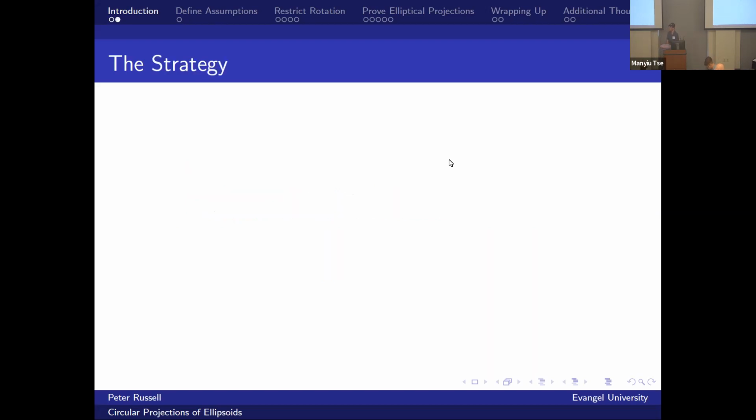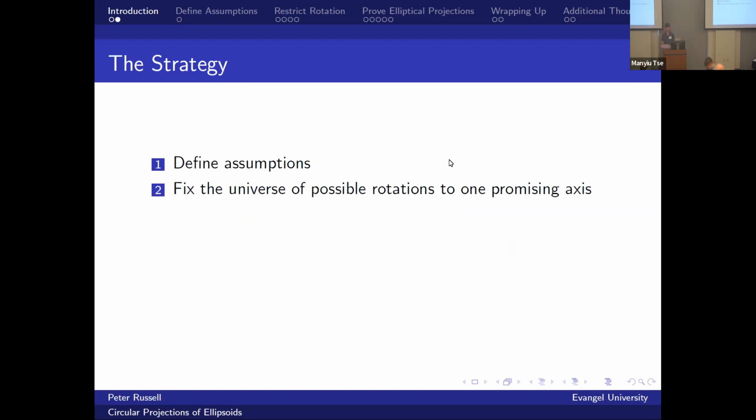As a template of what we're going to be doing, we're going to define some assumptions, because assumptions are always helpful. They're going to help us solve some problems. We're going to decide on a particular rotation to send the ellipsoid through, which gives us our best chance of finding a circle. We're then going to show that all of the projections under this rotation are ellipses.